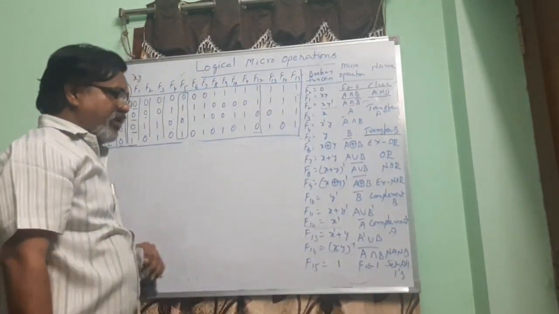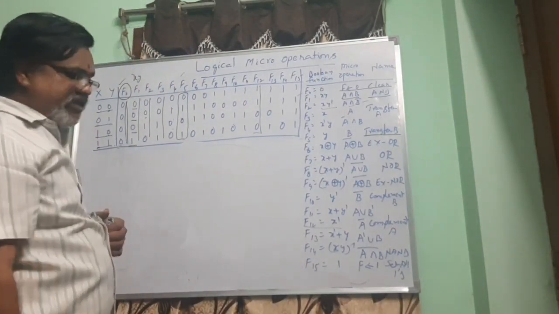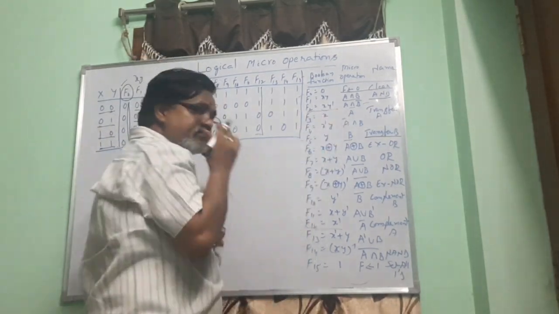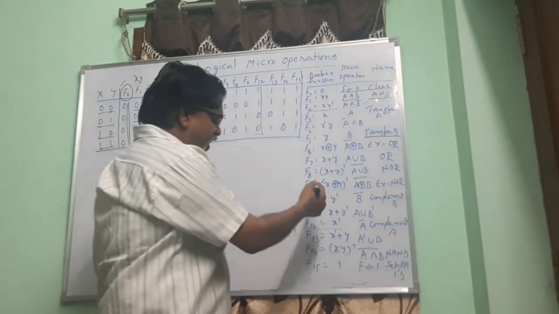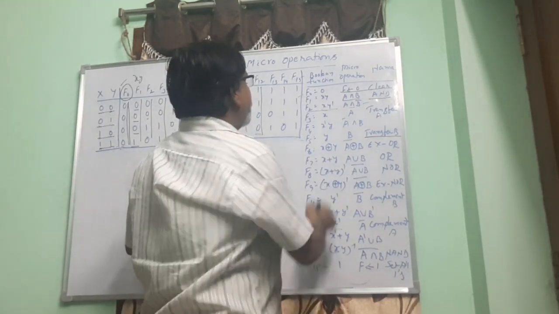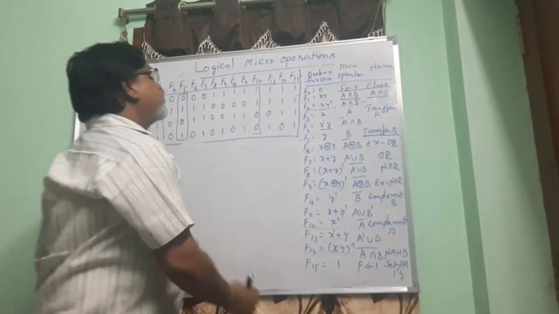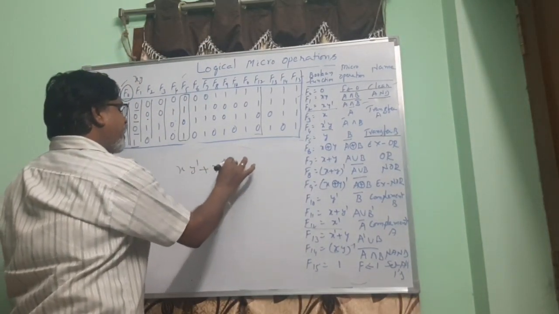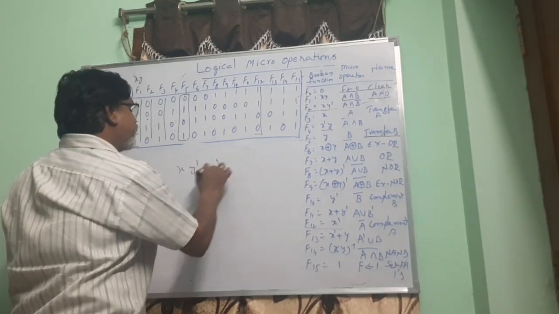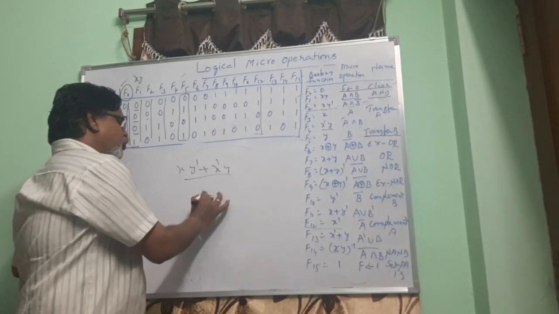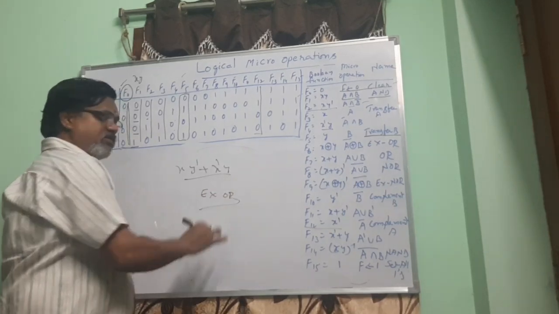But you can ask me here, sir, where do we use this x y bar? So here you just see the function F2 is x y bar. You can observe somewhere else x bar y also will be there. See, x bar y is also there. So if you do x y bar plus x bar y, this is the logical exclusive OR operation.